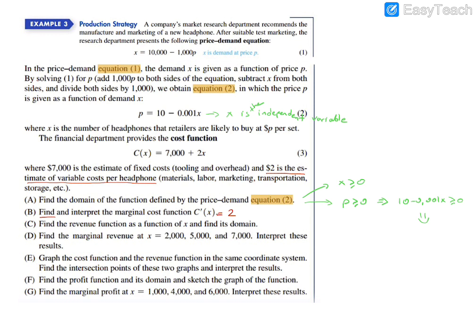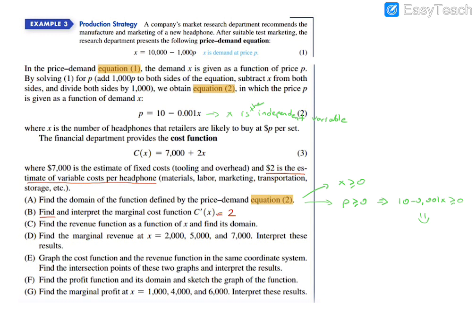So this is the change of the cost when the number of heat phones increases by 1 unit. For each increase of one unit of heat phone, the cost increases by $2.